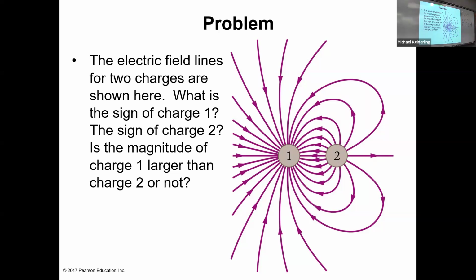And is the magnitude of charge 1 larger than charge 2 or not? Remember, magnitude is going to correspond to how many lines are coming out. Charge 1 is larger, yes, because it has more lines coming out than charge 2.